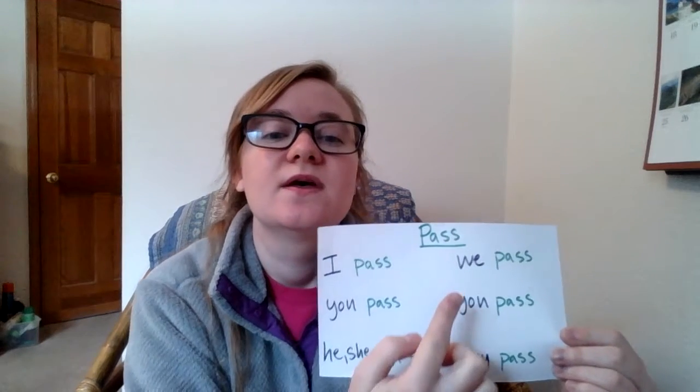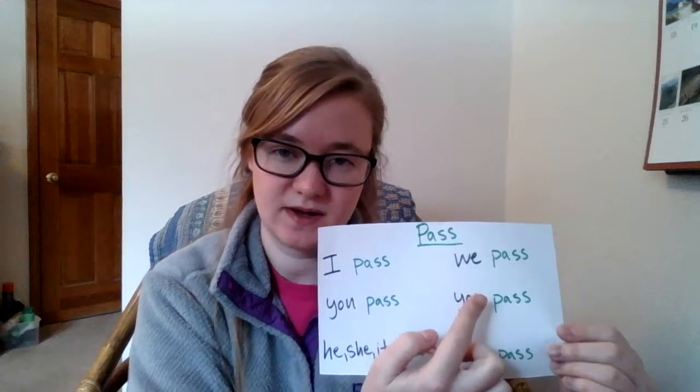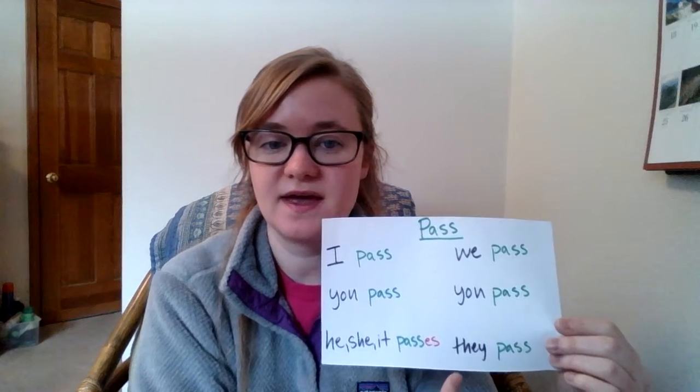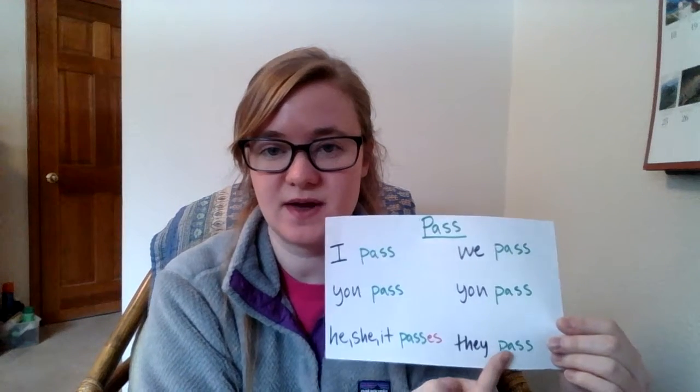We pass, you pass, and they pass. Good job. So that is the present simple in the affirmative. Affirmative just means it's something that they are doing, a permanent truth.